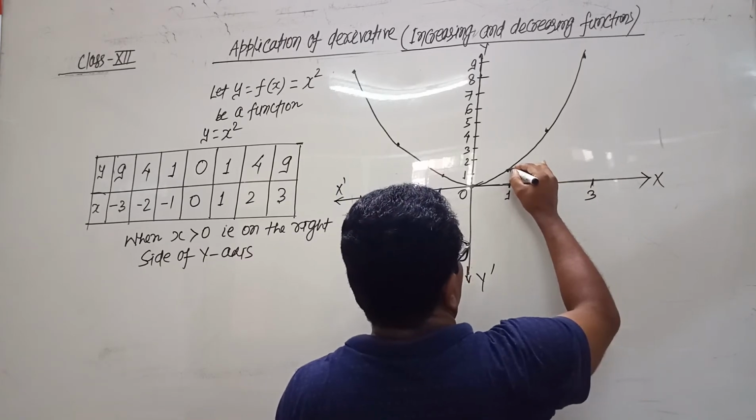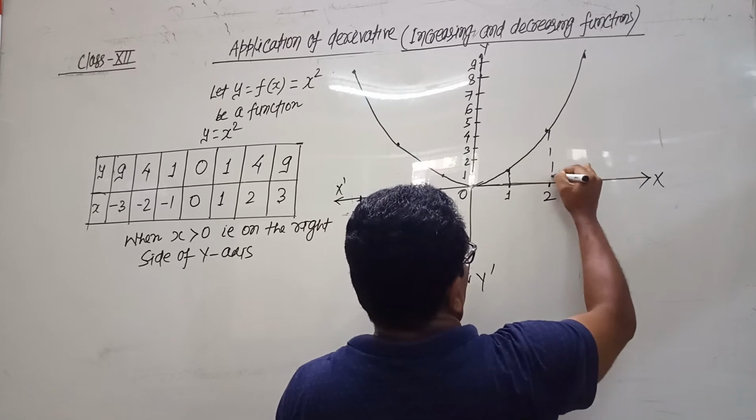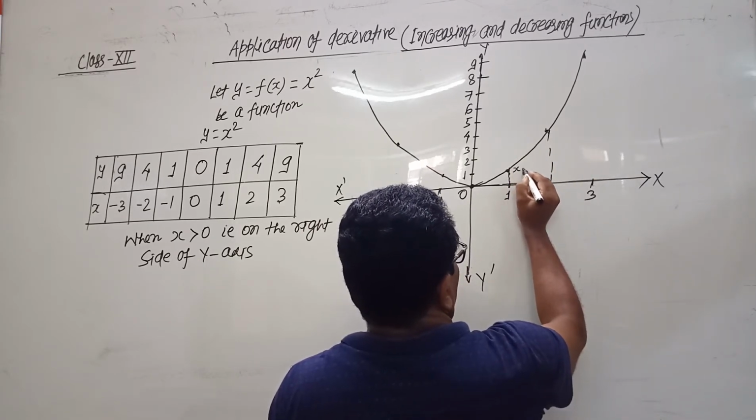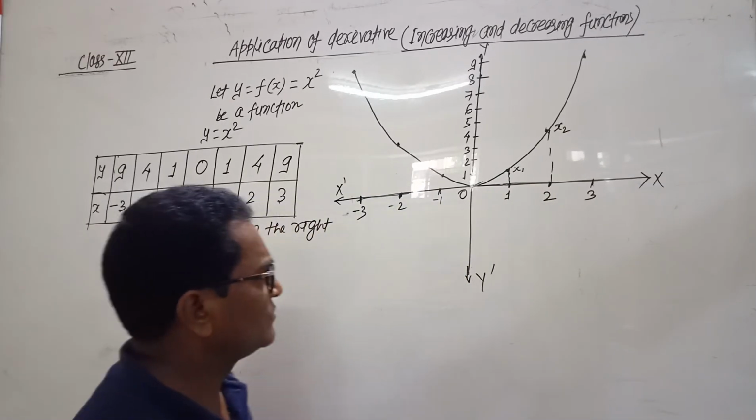Suppose there are two points x1 and x2 taken on the graph.